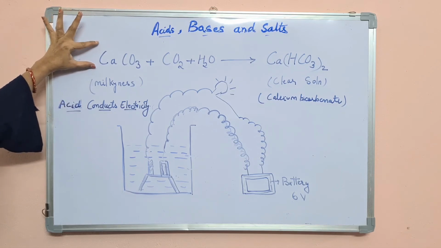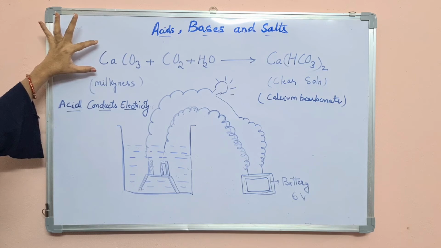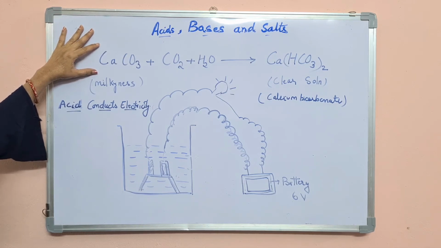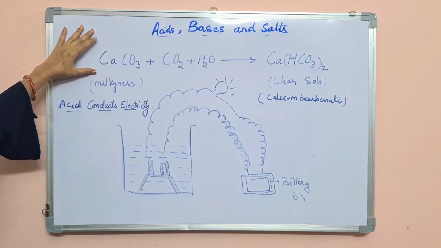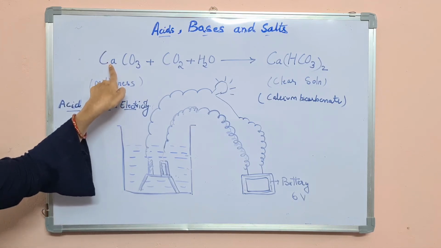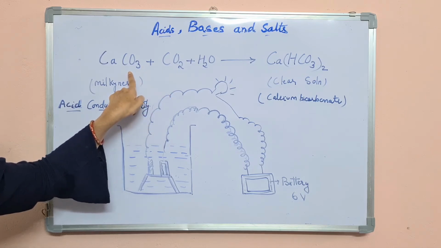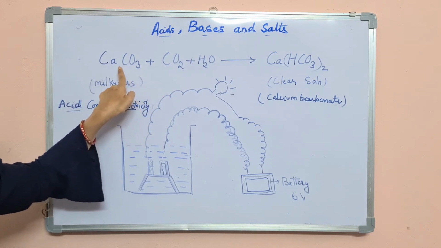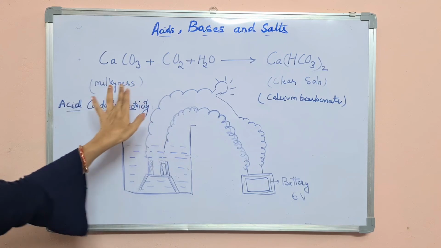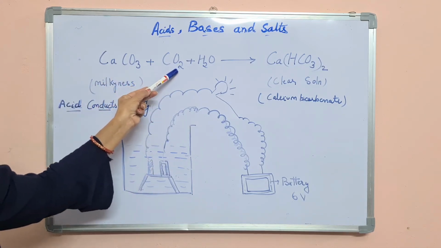Now see, in the same calcium hydroxide, if you pass carbon dioxide gas in excess, what happens? This milkiness is calcium carbonate. When excess carbon dioxide is passed, the calcium carbonate milkiness disappears.